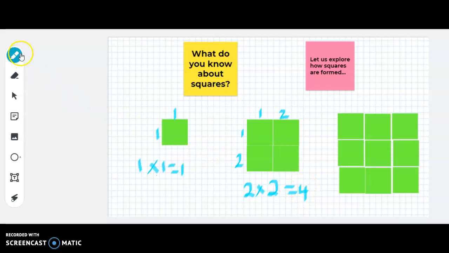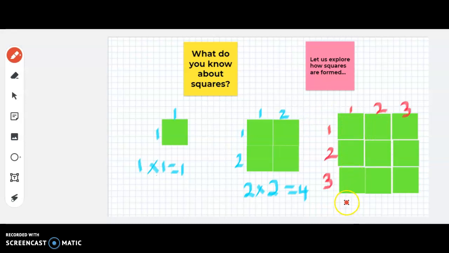Then again, I have this one. We want to see how many squares are formed here. We have 1, 2, 3. Also this side 1, 2, 3. So it is 3 squares on the horizontal and 3 squares on the vertical.